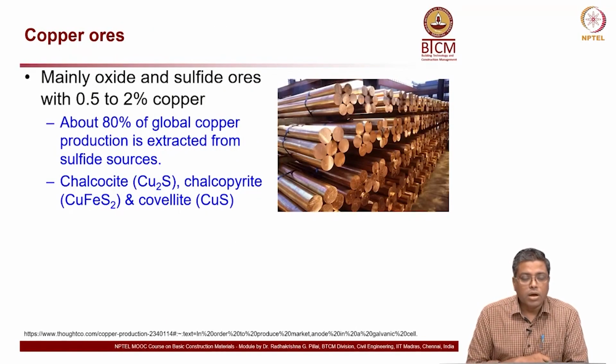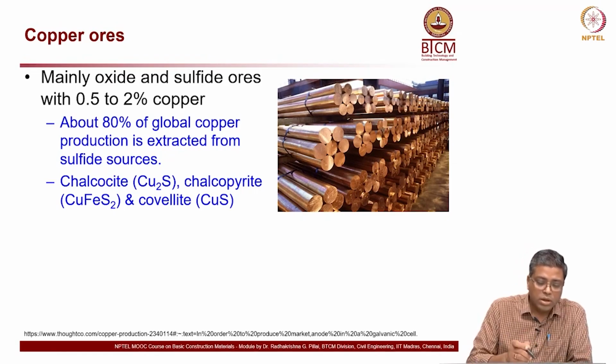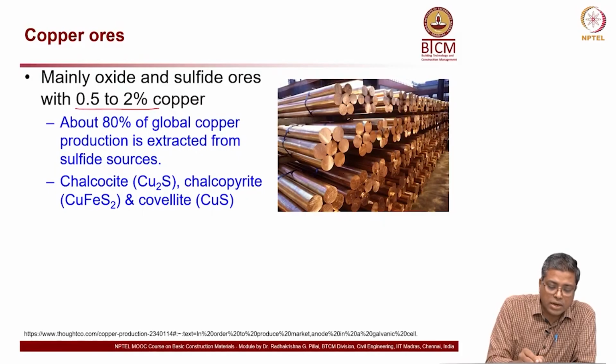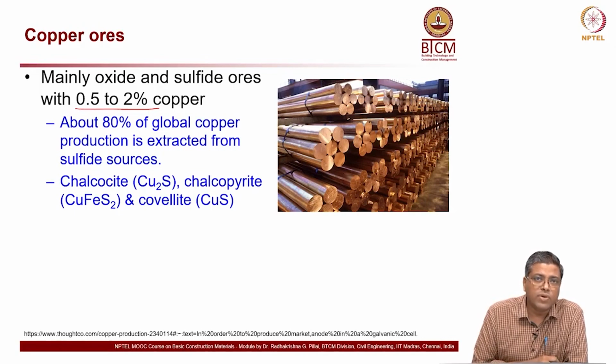Okay. Now, for making copper, mainly the oxide and sulfide ores are used for the production of copper, and these ores typically contain about 0.5 to 2% of copper. So, just very little, 0.5 to 2% of copper. So, you have a lot of material to be processed and a lot of waste will be generated.